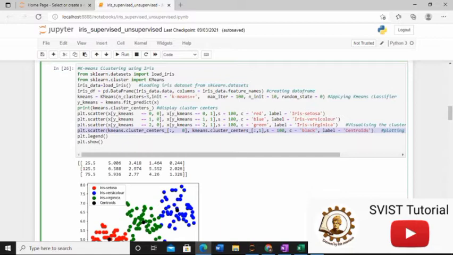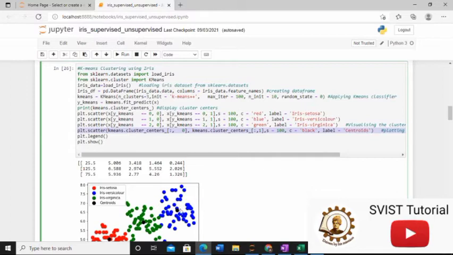So before understanding this algorithm, you have to understand 3 points about this algorithm. The first point is it is all about clustering algorithm. So we have to understand what is the concept of clustering in machine learning. Second point that we have to understand is that this algorithm is based on centroid selection.